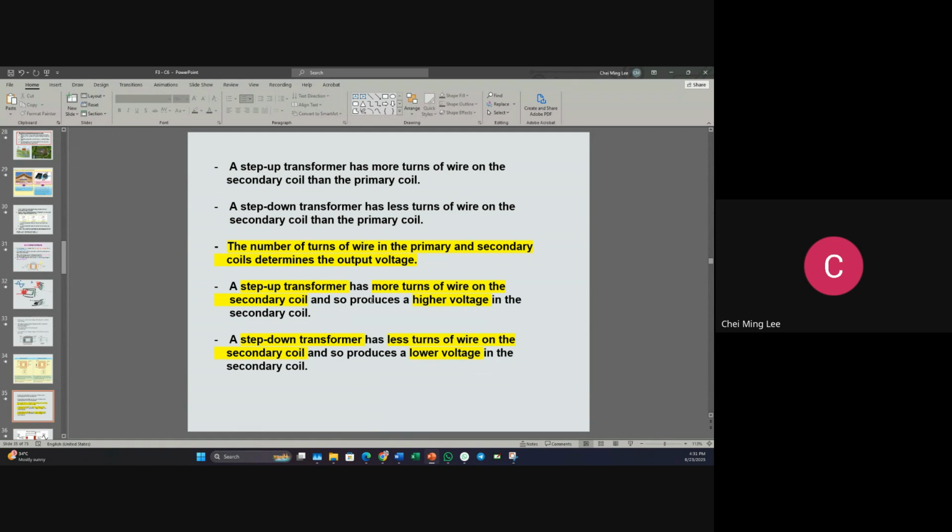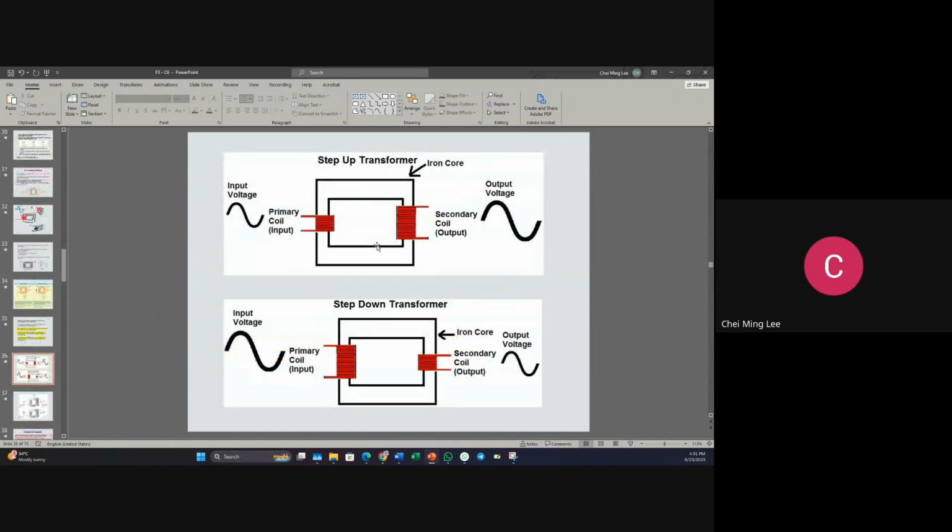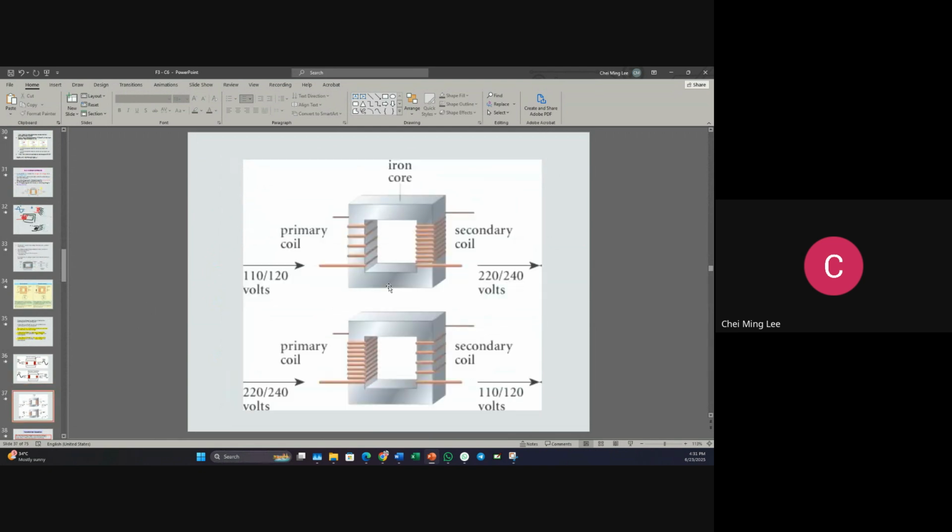A step-up transformer has more turns on the secondary coil, so it produces a higher voltage. A step-down transformer has fewer turns on the secondary coil, so it produces a lower voltage. This is how it should look.